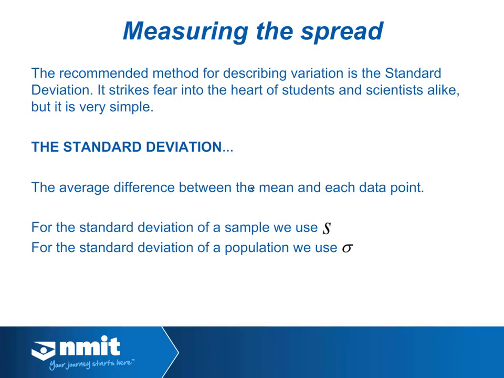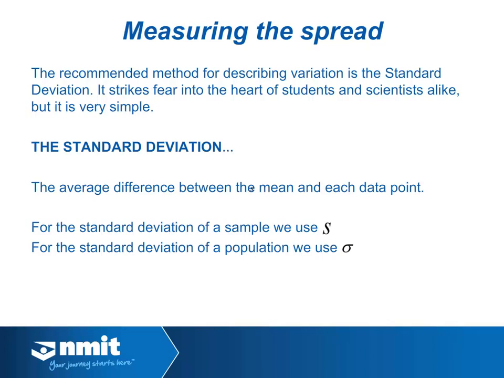If the standard deviation is large, that means that we have a mean, but there's a lot of variation around the mean. There's a lot of data points which don't resemble the mean value at all. If the standard deviation is low, it means that the mean is very typical of most data points in the set.